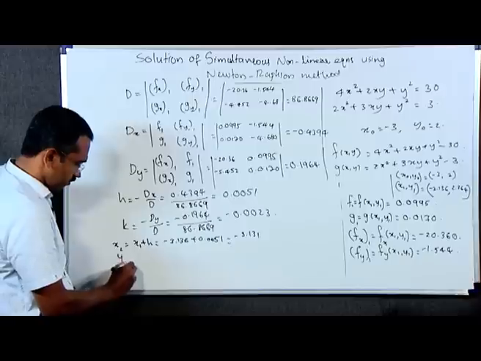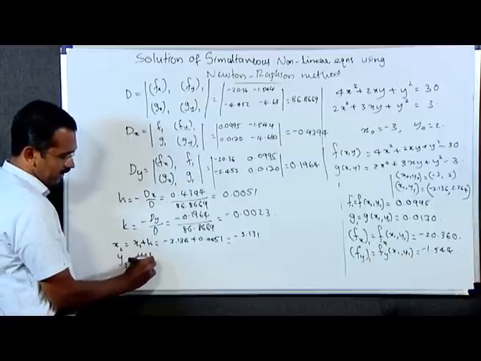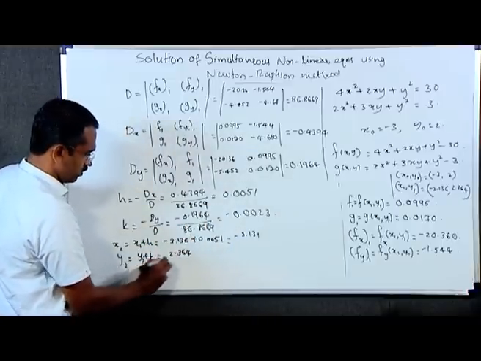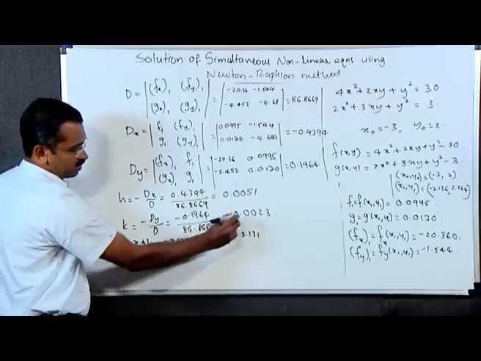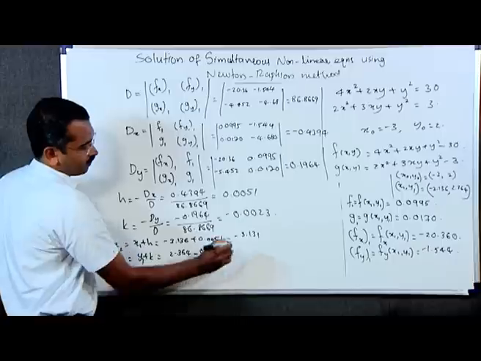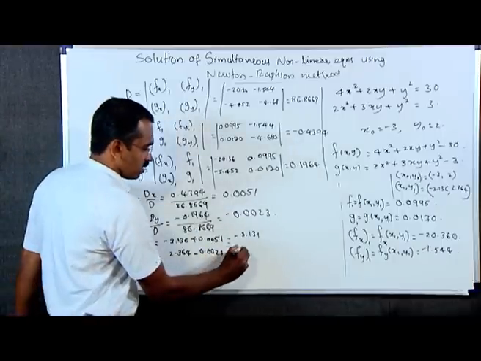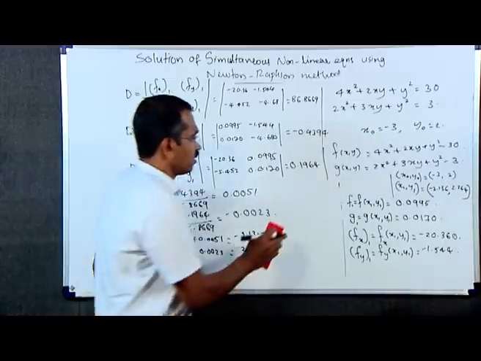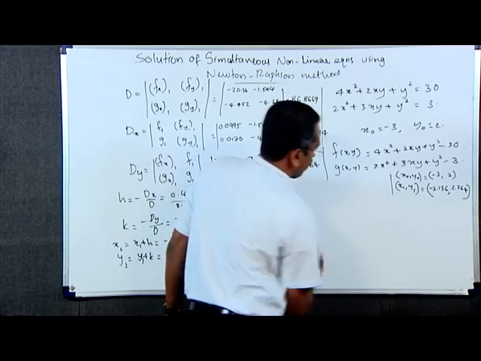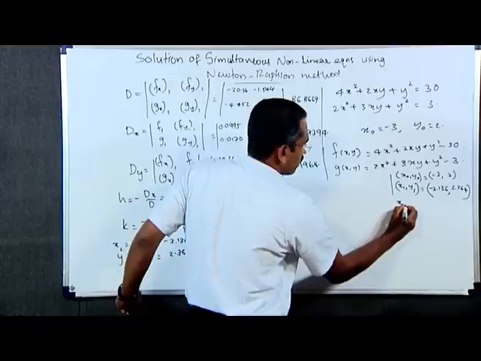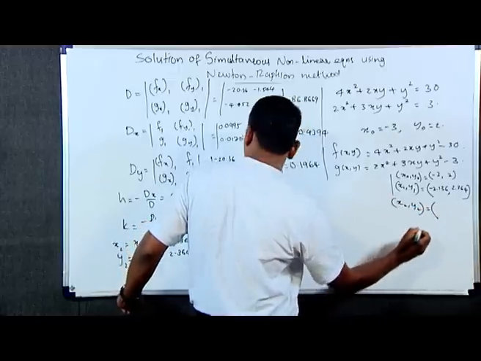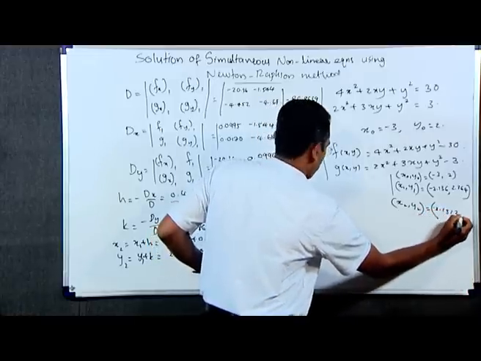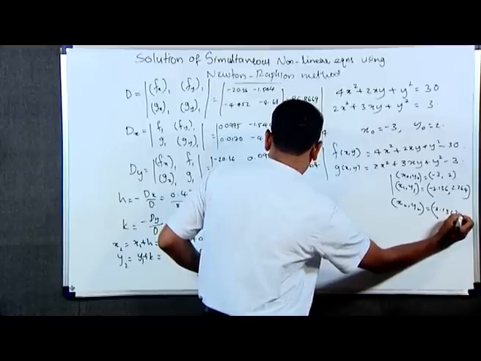And y2 can be written as y1 plus k, that is 2.364 plus k, where k is minus 0.0023, approximately 2.362. These are the new approximations for x, y, that is x2, y2 is minus 3.131 and 2.362.